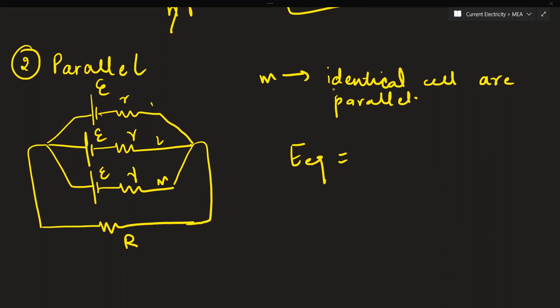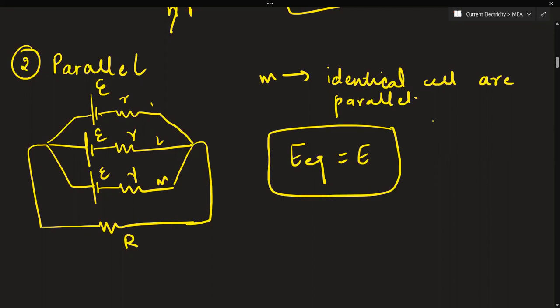So however many cells you connect, the EMF of the whole equivalent combination will still be E only. In series, current or charge remains the same; in parallel, the potential or EMF remains the same. So even if m identical cells are connected in parallel, the equivalent EMF will still be E.